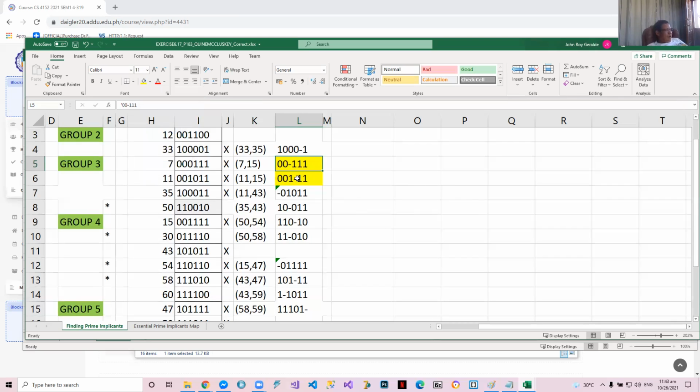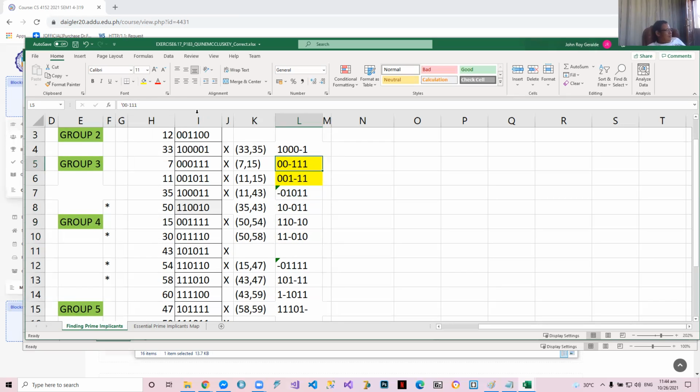The question here is, are we going to compare this with this? No longer, because they have the same number of ones, right? We have already compared them with the ones here. They would have been merged already, so we don't have to compare this group and this one anymore, because we have done it already. If they were compatible, they could have been merged.